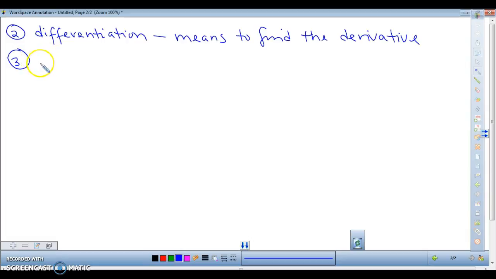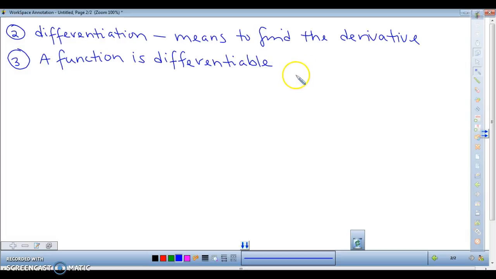Alright, a function is differentiable. Differentiable. Good old SAT word. Everybody say differentiable. A function is differentiable at x if its derivative exists at x.